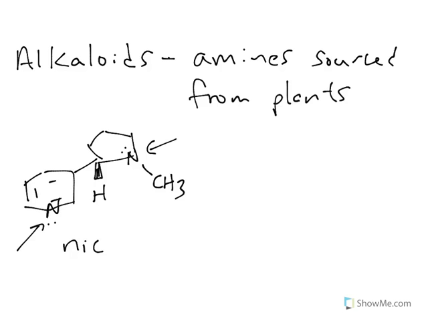So this is nicotine, if I could spell it right. That is a naturally occurring alkaloid, and there's several other ones that are quite neat. Things like morphine, quinine, atropine. There's lots of them out there. Cocaine, for example, is another one that is naturally occurring, and quite familiar to us.